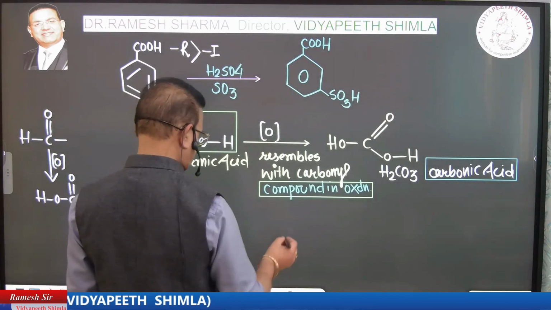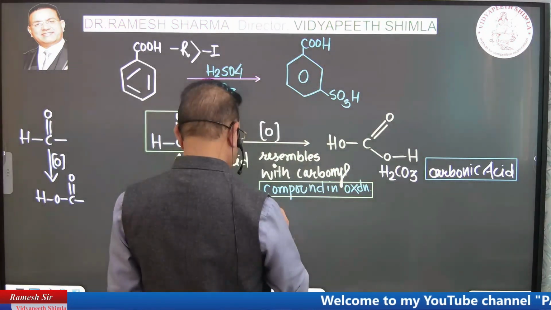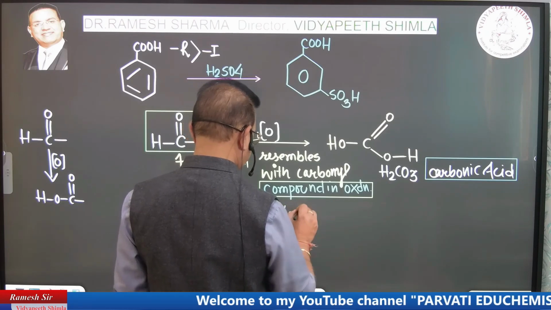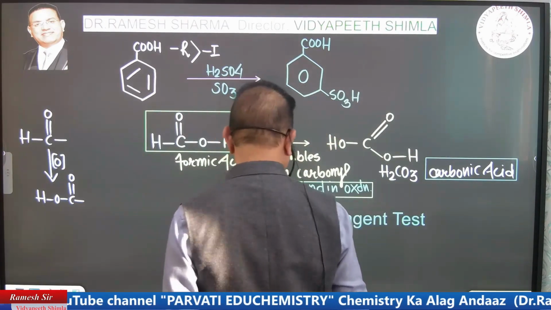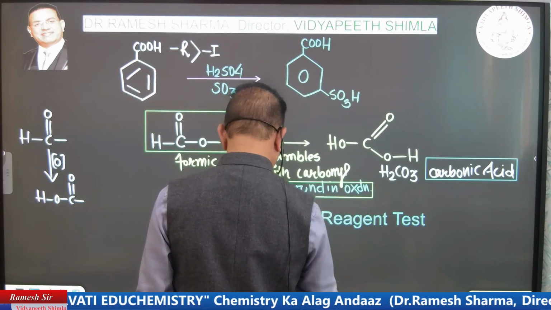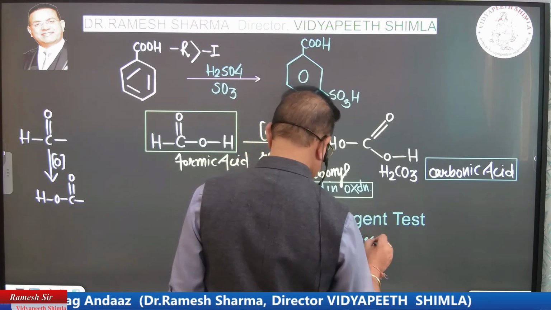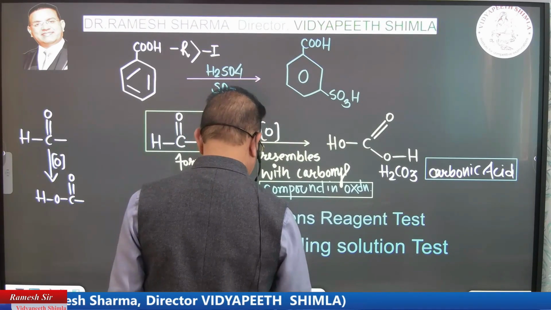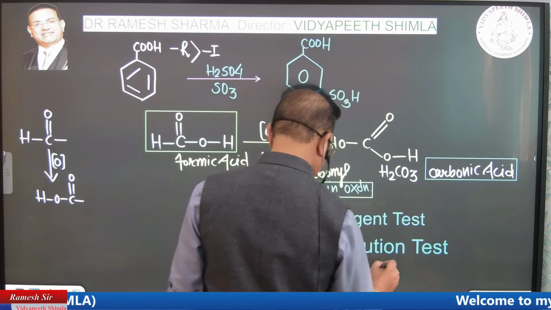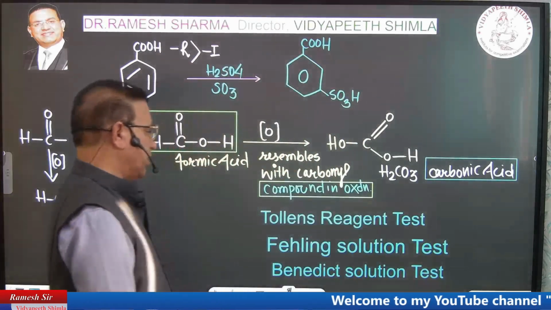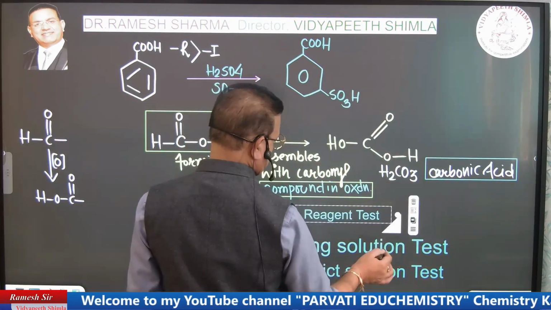Thus, Tollens reagent test, Fehling solution test, Benedict solution test, these are all given positive by formic acid.